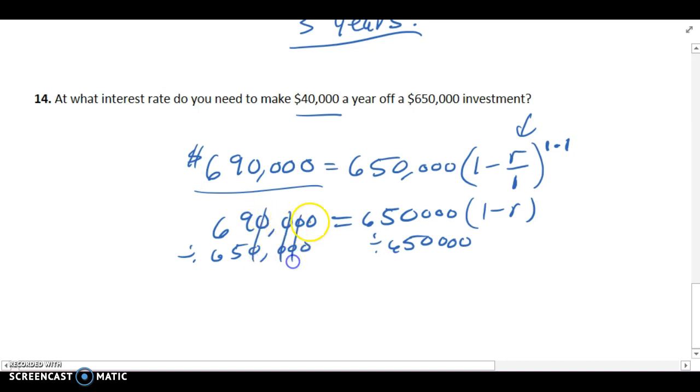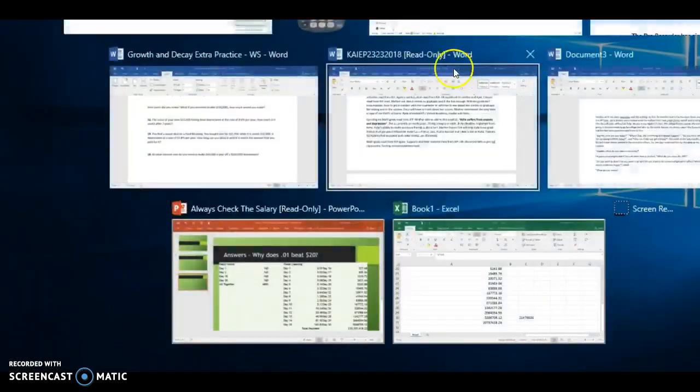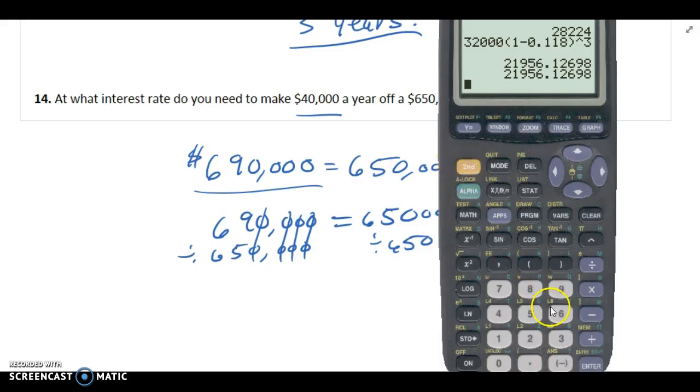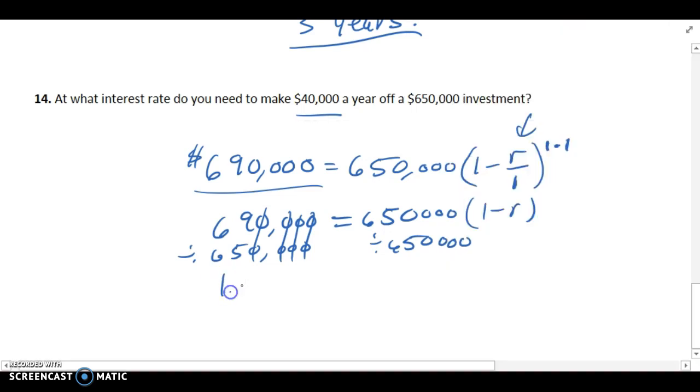So all these zeros are going to cancel. So I'm just going to do 69 divided by 65, which is 1.062. And that's going to cancel these. So I have a 1 minus r.